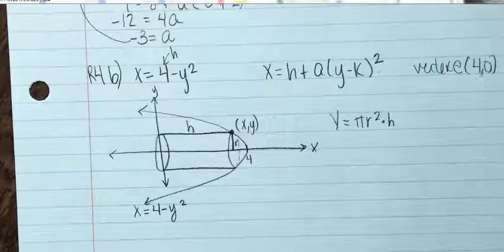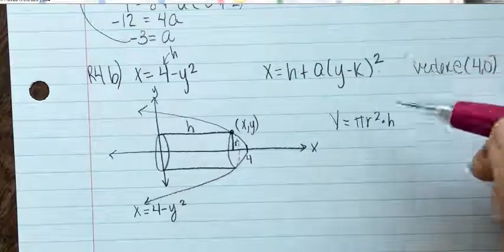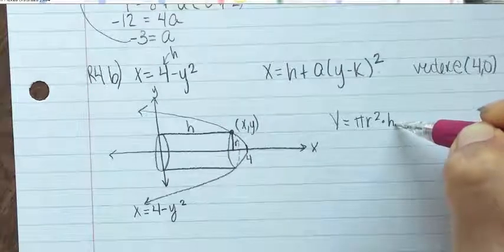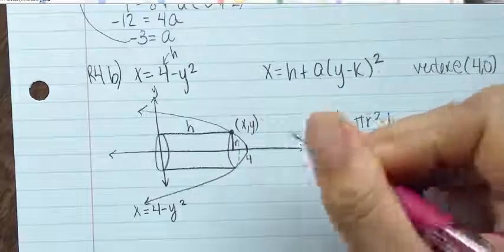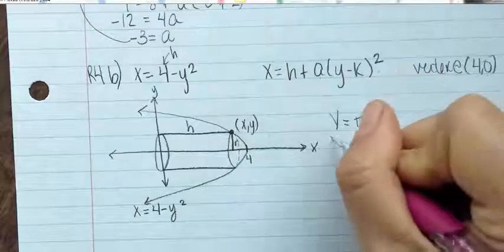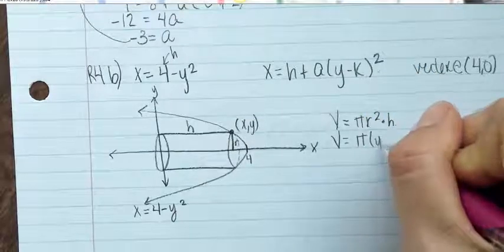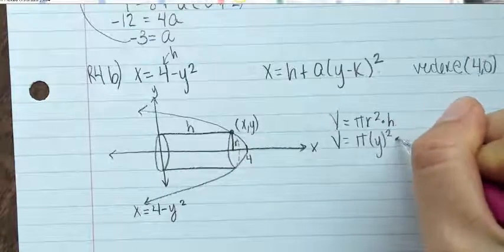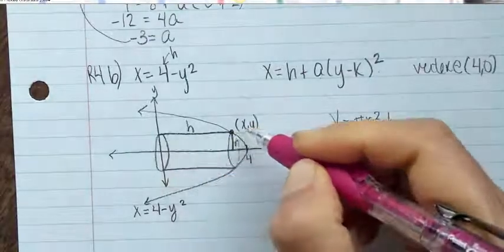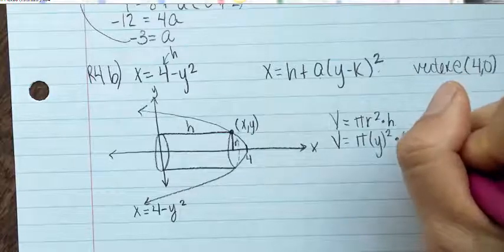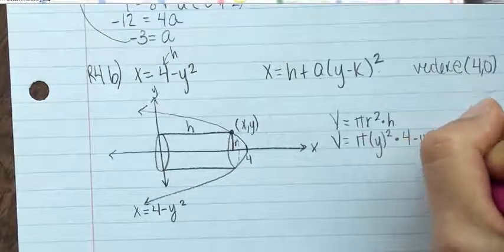I don't have absolute values for them. But I can write both r and h in terms of one variable. My radius is y, so my volume is pi times y squared. And then my height is x, and x is also in terms of y, so I can put times 4 minus y squared.